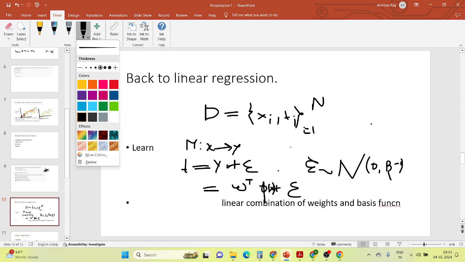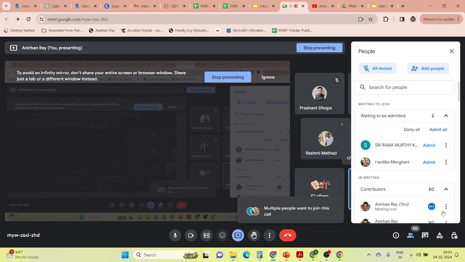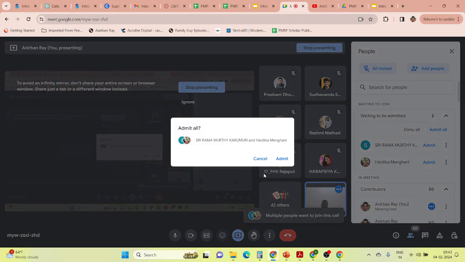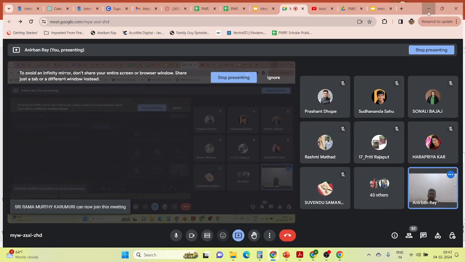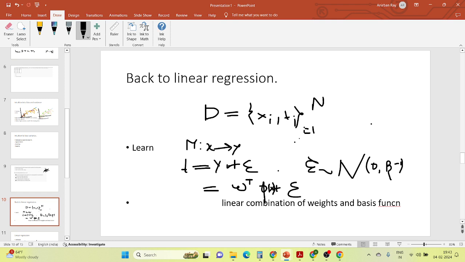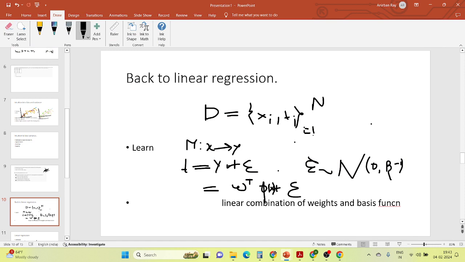So here we have the data set xi, and ti is the noisy output for every xi we have, and there are n training examples.